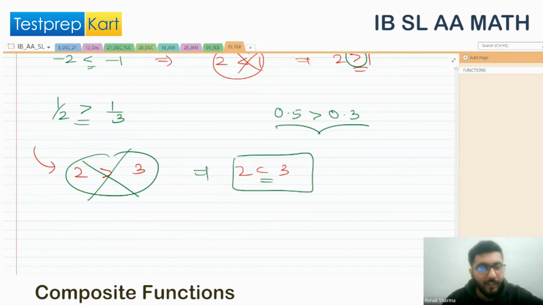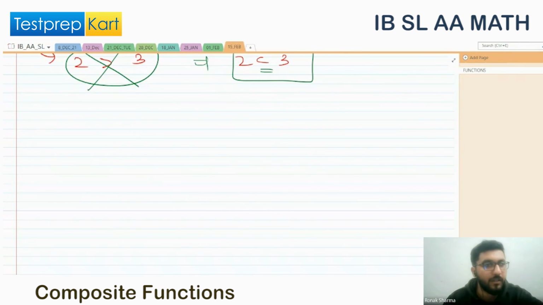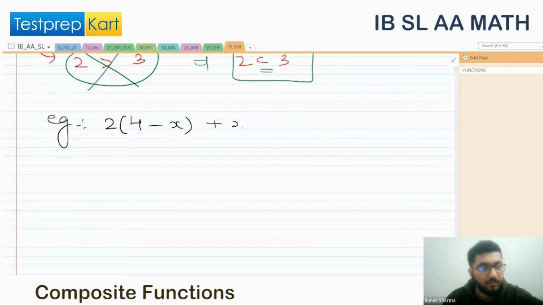Okay. Now let's say if I take one question, I'll give you one question over that. So let's say 2x plus 1 is greater than, let's say... Now see, please focus here.